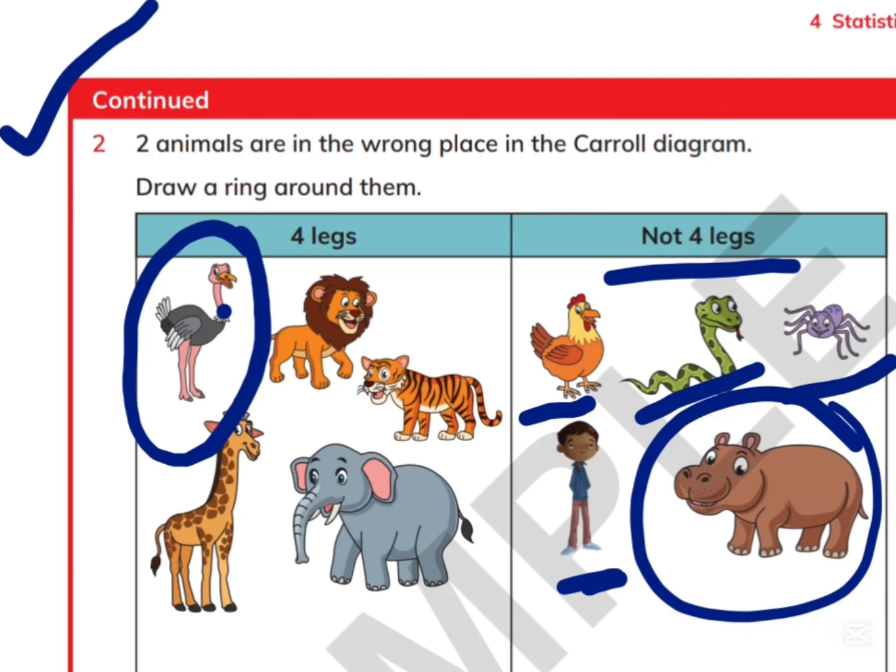But what we have to draw, the hippo has 4 legs, so we have to draw a circle around the one which has 4 legs, because in this table only the animals which do not have exactly 4 legs, more than 4 legs or fewer than 4 legs, must be here. So this is the animal which is wrong here.